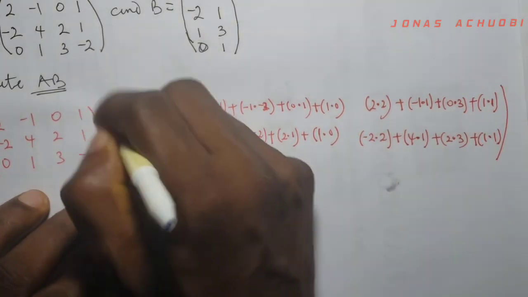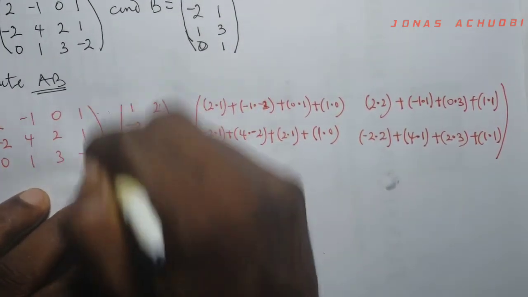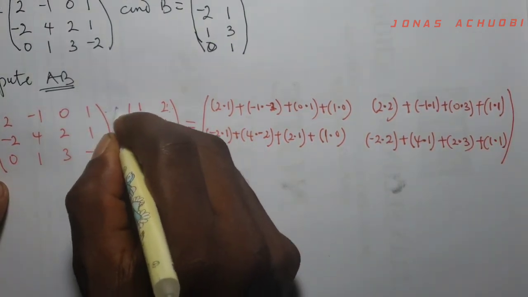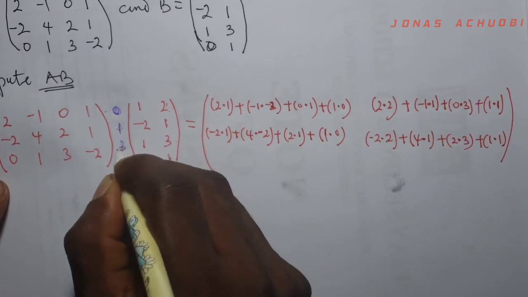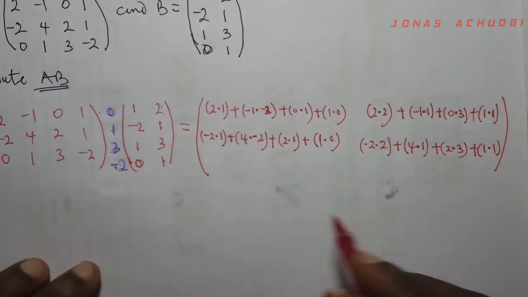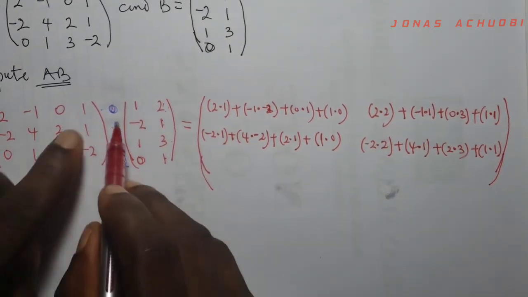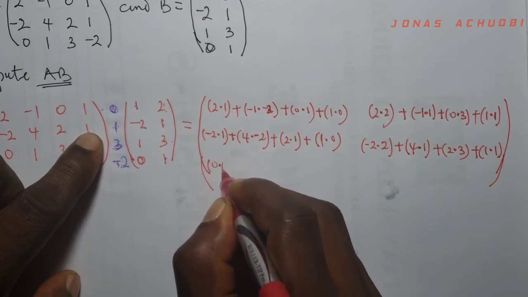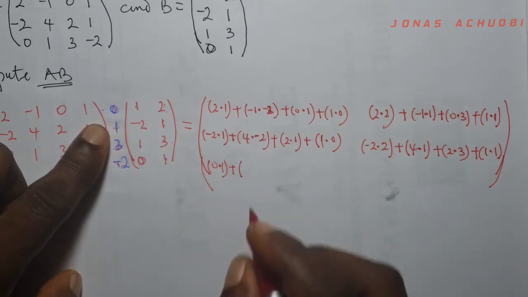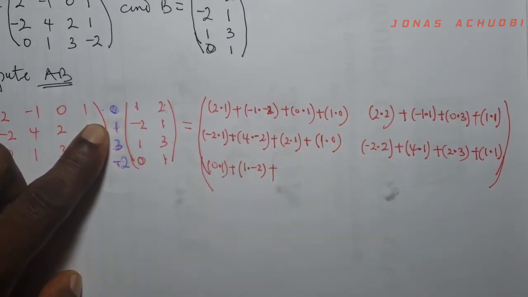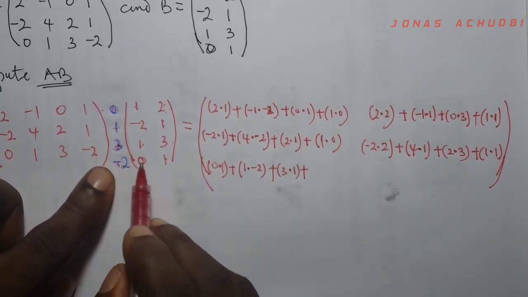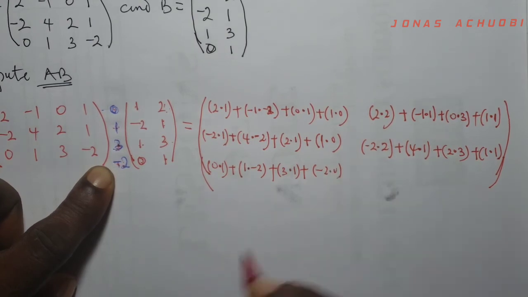So we'll now take the second row entries away and bring in the third row entries. So the third row is 0, 1, 3, and negative 2. That is the third row. And then multiply again. So 0 times 1, plus 1 times minus 2, plus 3 times 1, plus minus 2 times 0.